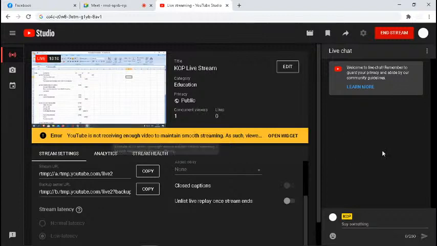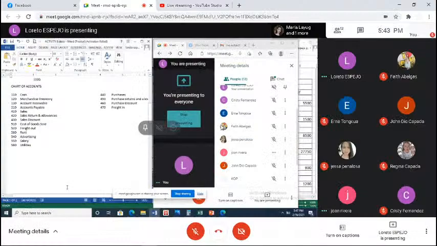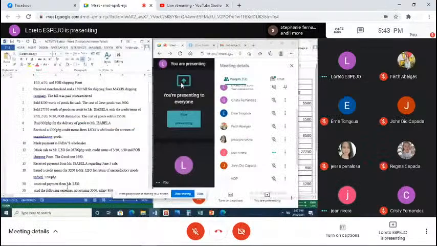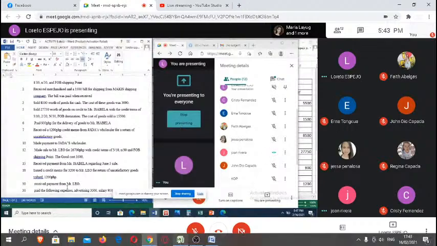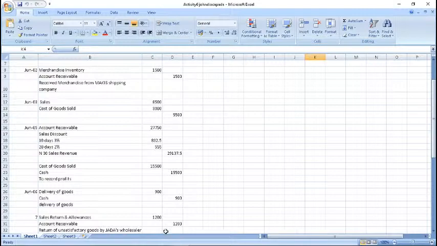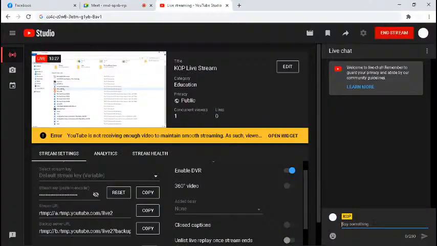Sa number 3, kung ang pumasok ay service, cash, 8,500. Debit cash, 8,500. So, anong credit? Cost of goods po ba yun, sir? Tingnan mo muna.